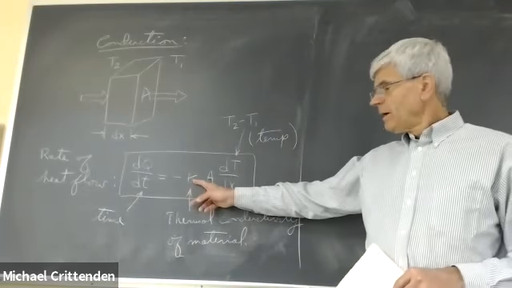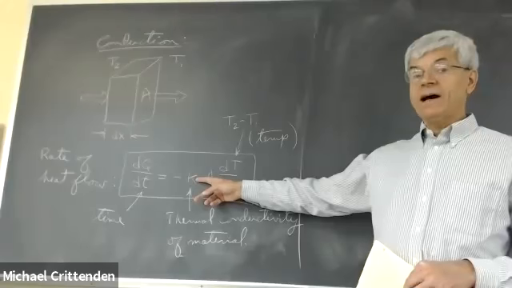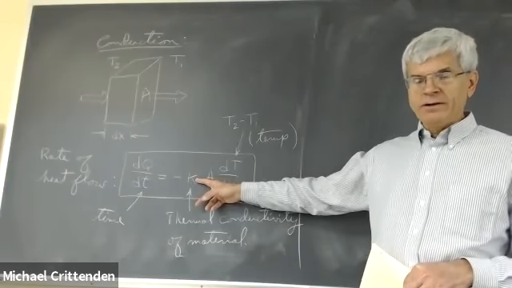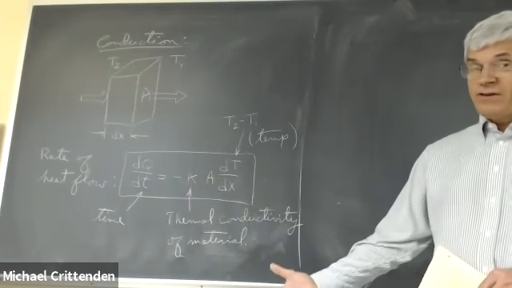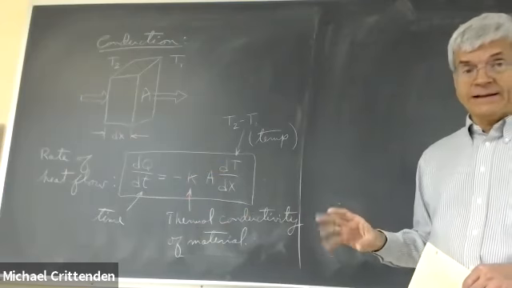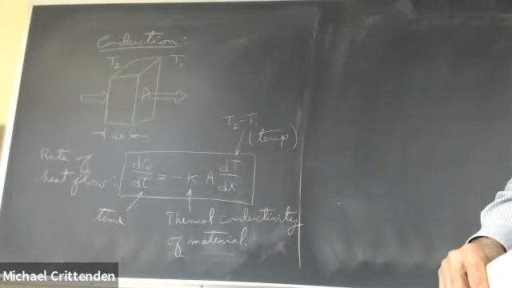But K would be a large number for a material like copper. K would be a very small number for a material like asbestos. Asbestos is really wonderful stuff. It's got a lot of great properties aside from the fact that it'll kill you. It's just great.